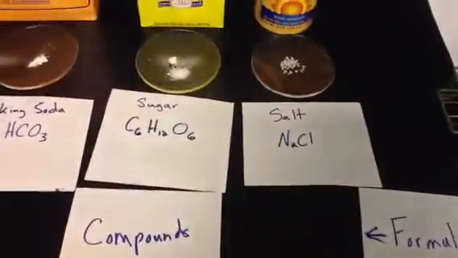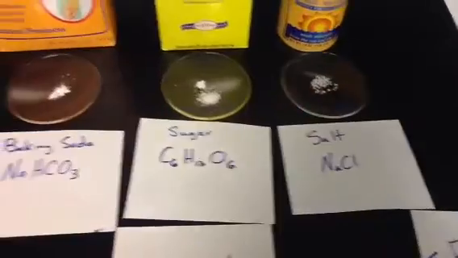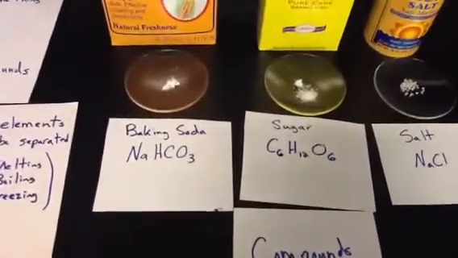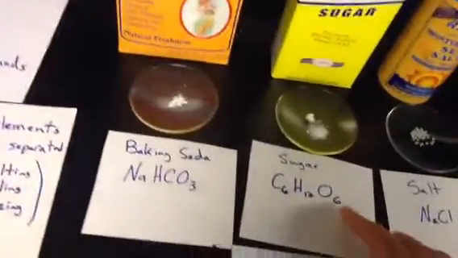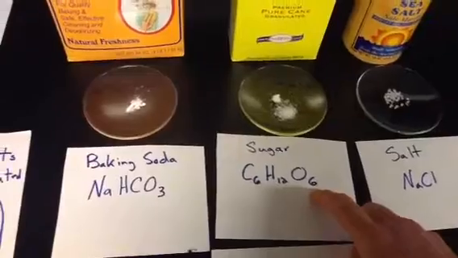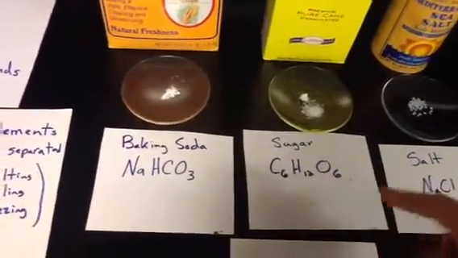However, compounds have something like NaCl, that's sodium chloride, salt. Sugar and baking soda have formulas too. The number on the bottom tells you it's 6 carbon, 12 hydrogen, and 6 oxygen. That's its formula.